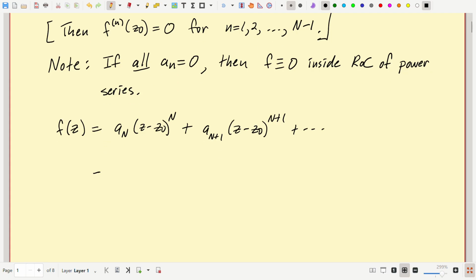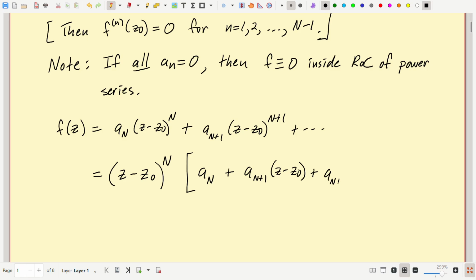And by the way, that's just a complex number, so I'm factoring out a complex number from each term. This is kind of a nothing fact. So it would start with an, and then the next term would be an plus 1 times z minus z0. I'll do one more term: an plus 2 times z minus z0 squared plus etc.